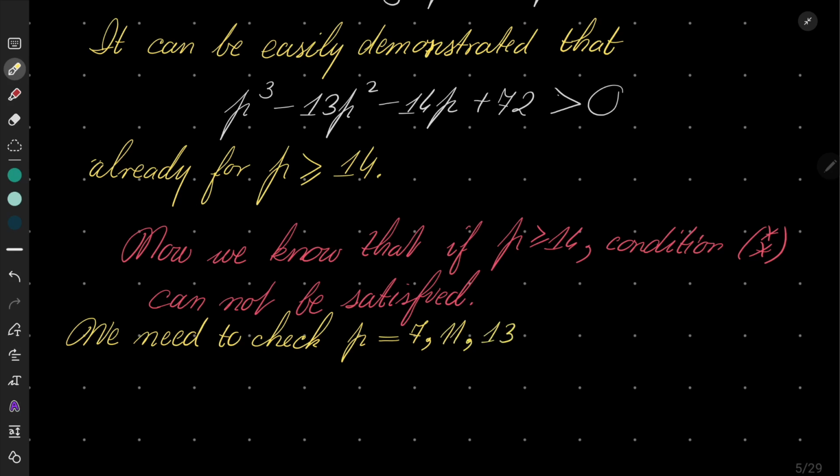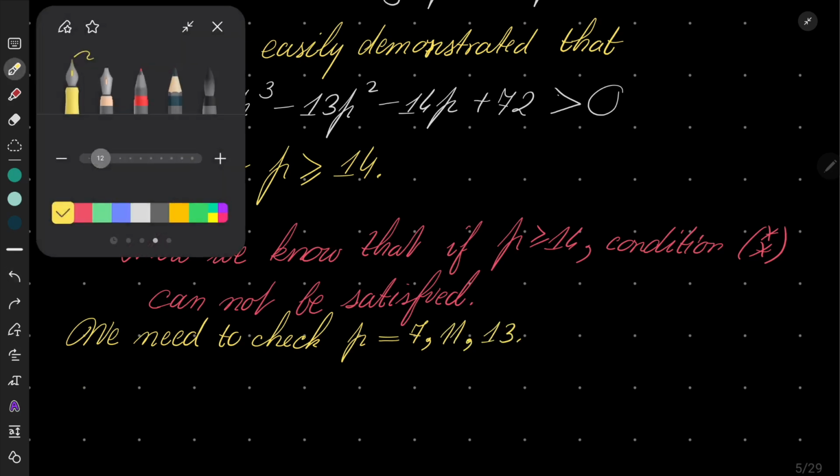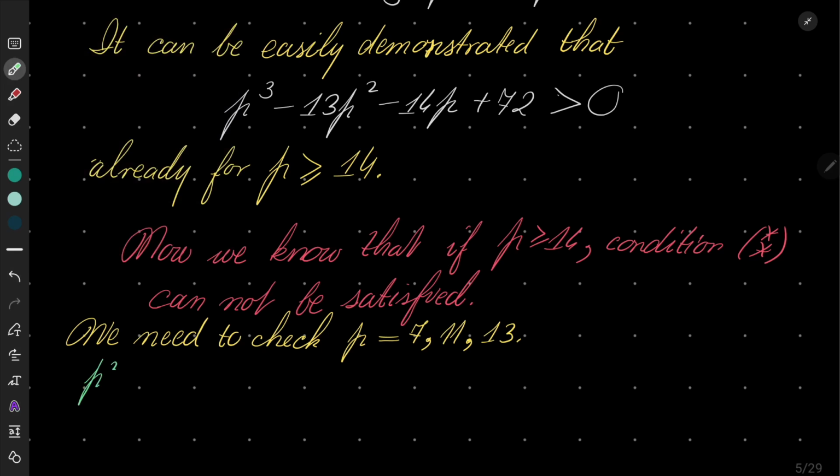Only these 3 primes. And I will maybe write the results. p cubed minus 4p plus 9 equals 324, which is 18 squared, for p equals 7.